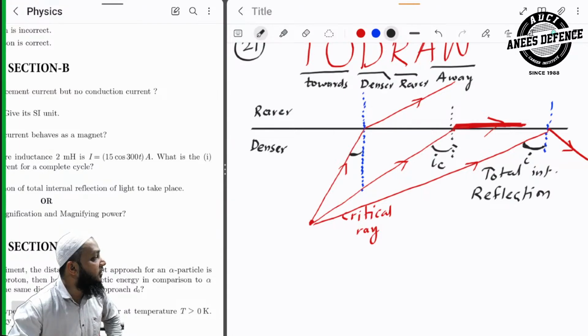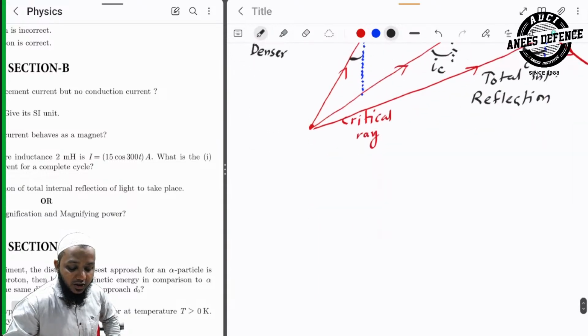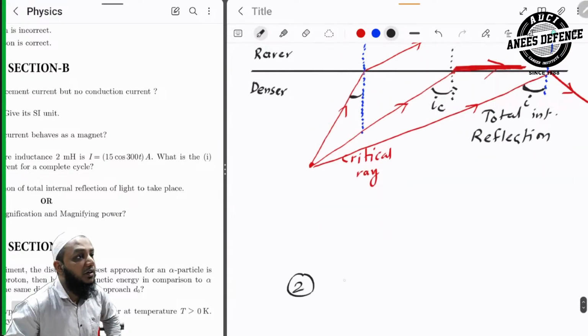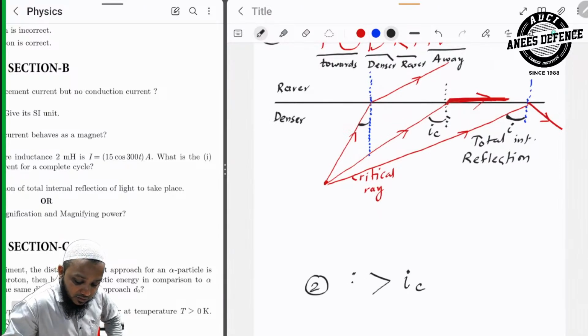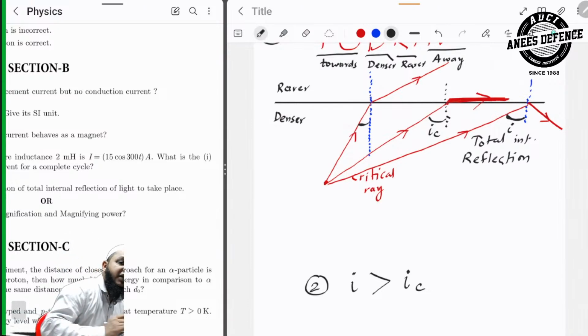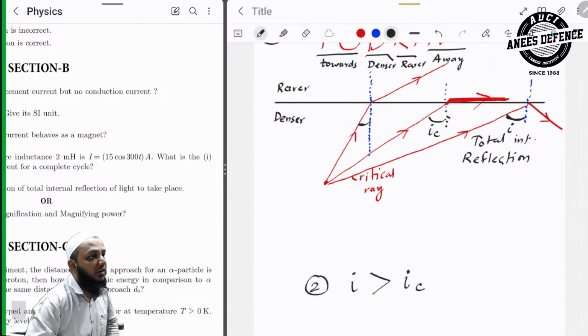Total internal reflection occurs only after the critical ray, right? Before the critical ray, there is no total internal reflection. Therefore, I can conclude the second condition of total internal reflection: the angle of incidence of the ray must be greater than critical angle. When it is less than critical angle, total internal reflection doesn't occur. This is the second condition.